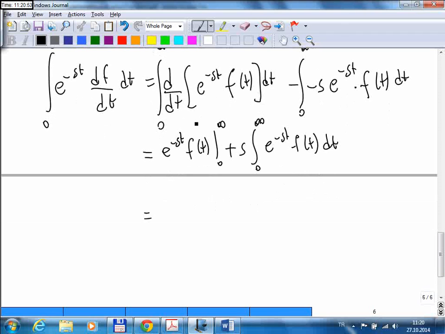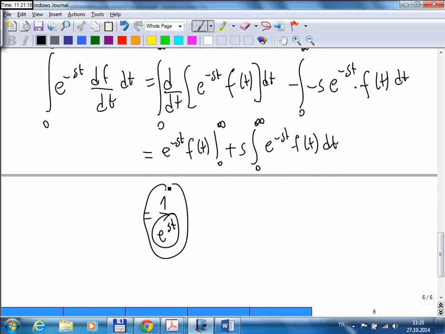Okay, so let's take a look at this. In the limit as t goes to infinity, e to the power minus st converges to 0, right? It's an exponential function, but you can write it as 1 over e to the power st, and as t goes to infinity, this approaches infinity, and then this approaches 0.